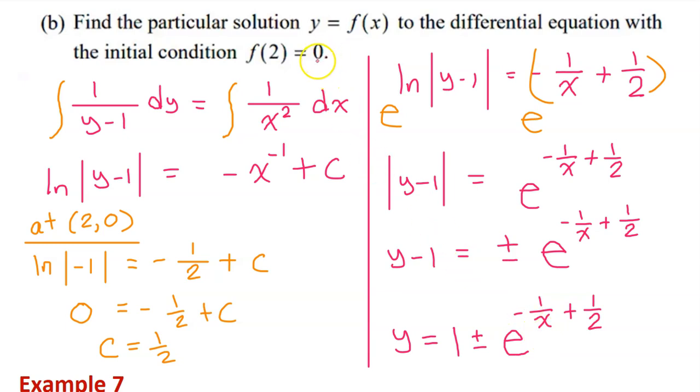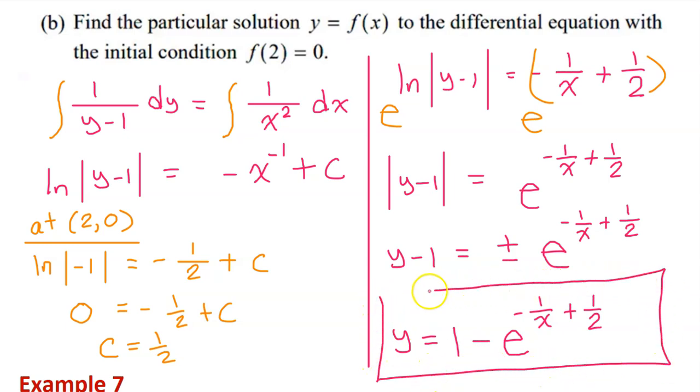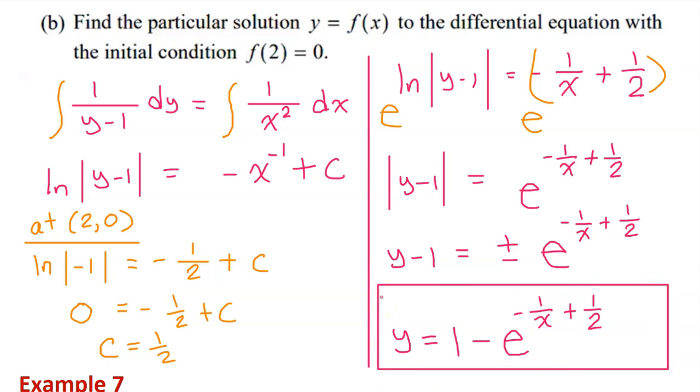In order for the result to be 0, we need 1 minus 1. Obviously 1 plus 1 would be 2, not 0. So that's how we know to use the negative version of the equation. And that's it. So the solution to the differential equation that satisfies the initial condition is this.